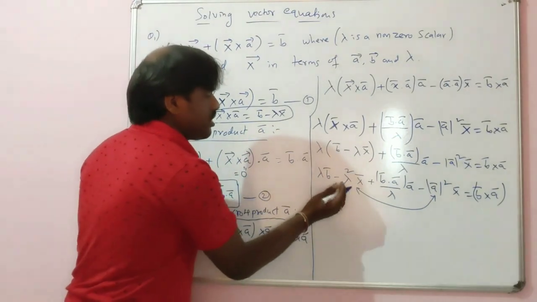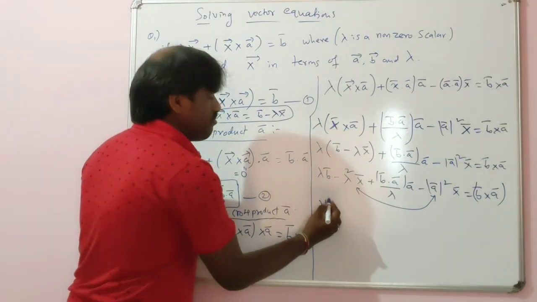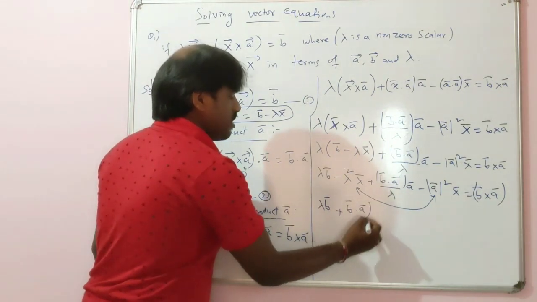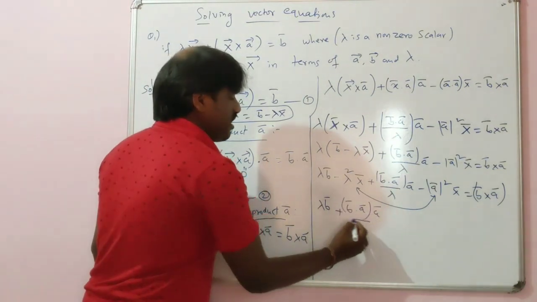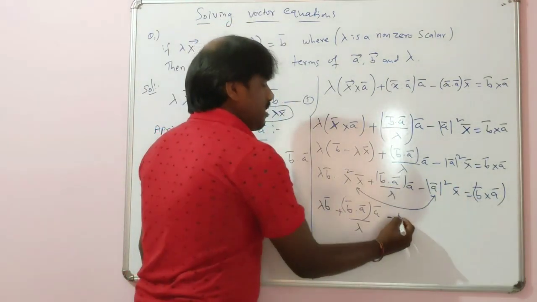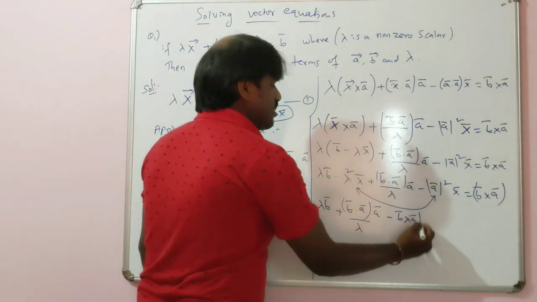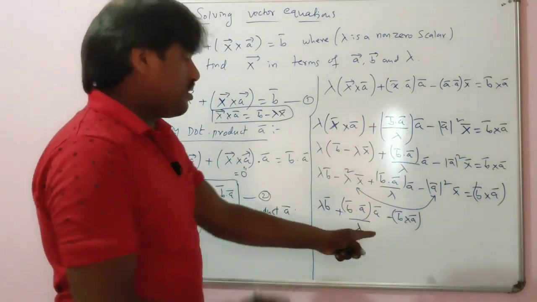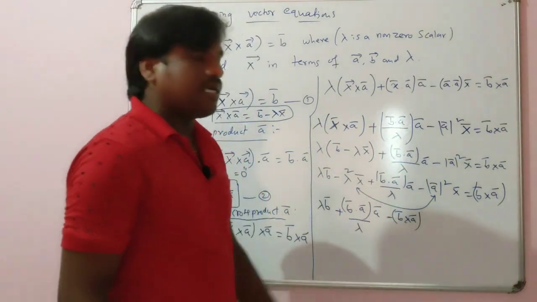So what I am going to get this one as lambda times of B vector plus B vector dot A vector into A vector divided by lambda, and this one if I send this side, minus of B vector cross A vector I will get. And if you want to plus, you can make it A cross B. If you make this one A cross B, this will become plus.